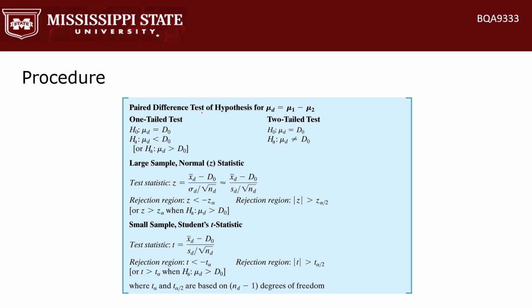So again, the setup is exactly the same as for a two sample independent samples test. As I said, we're really not going to encounter many situations where we have this D0 value, where we're saying the difference between the means is 3 or 4.